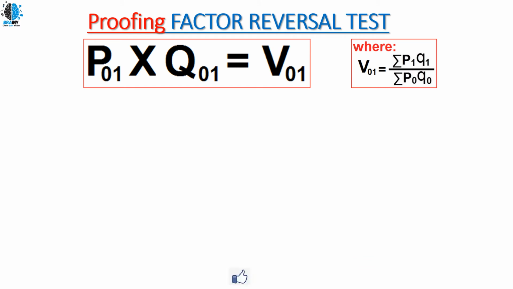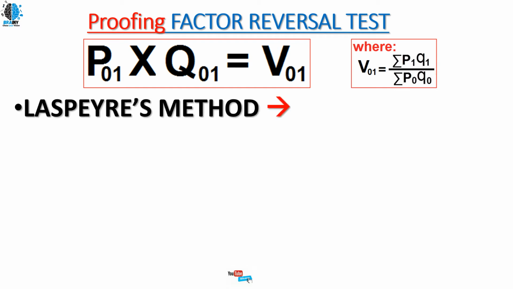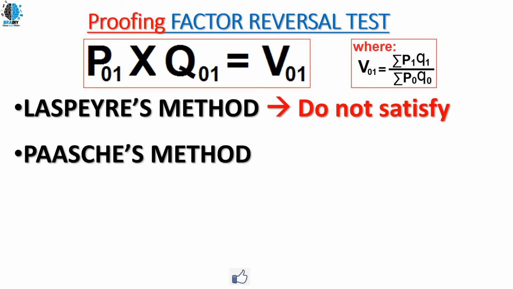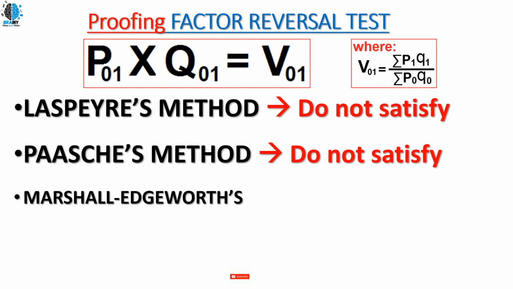Let's see what are the different formulas or methods which satisfy the factor reversal test. Laspeyres method is not going to satisfy the factor reversal test. Paasche method is also not going to satisfy it. Marshall-Edgeworth method is not going to satisfy it.